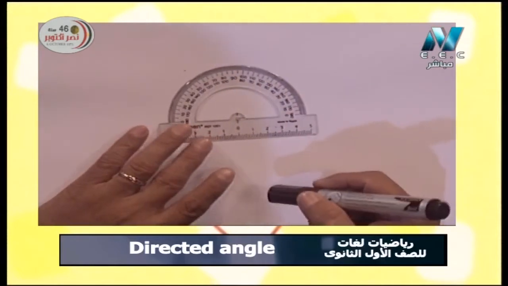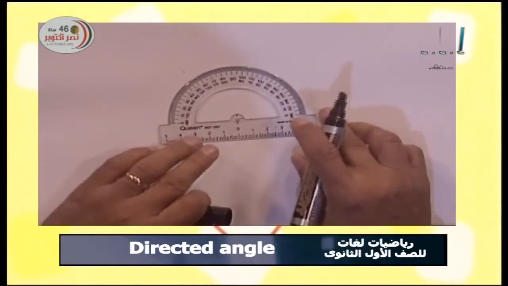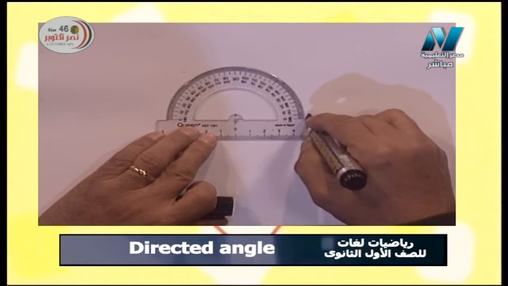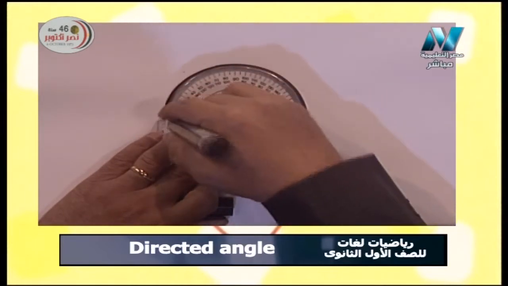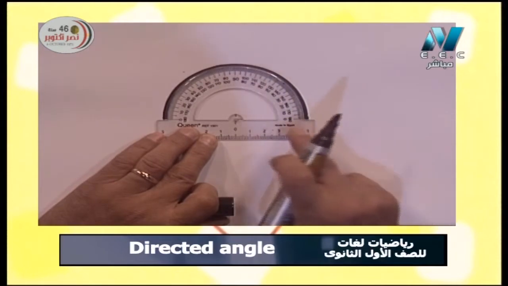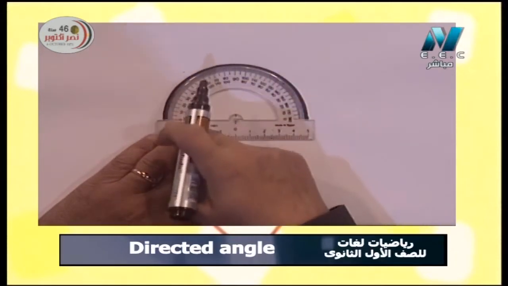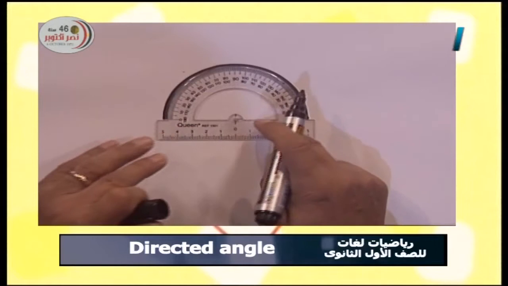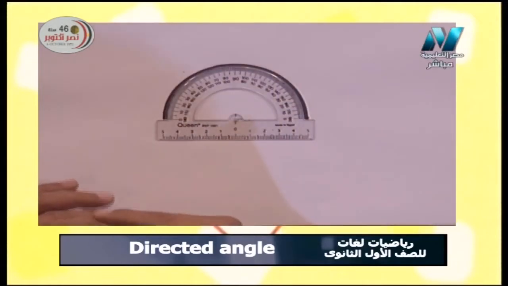And if we draw a line like that, then we will draw 180 degrees, starting from 0 to 180. So a semicircle or half circle, its measure equals 180 degrees.